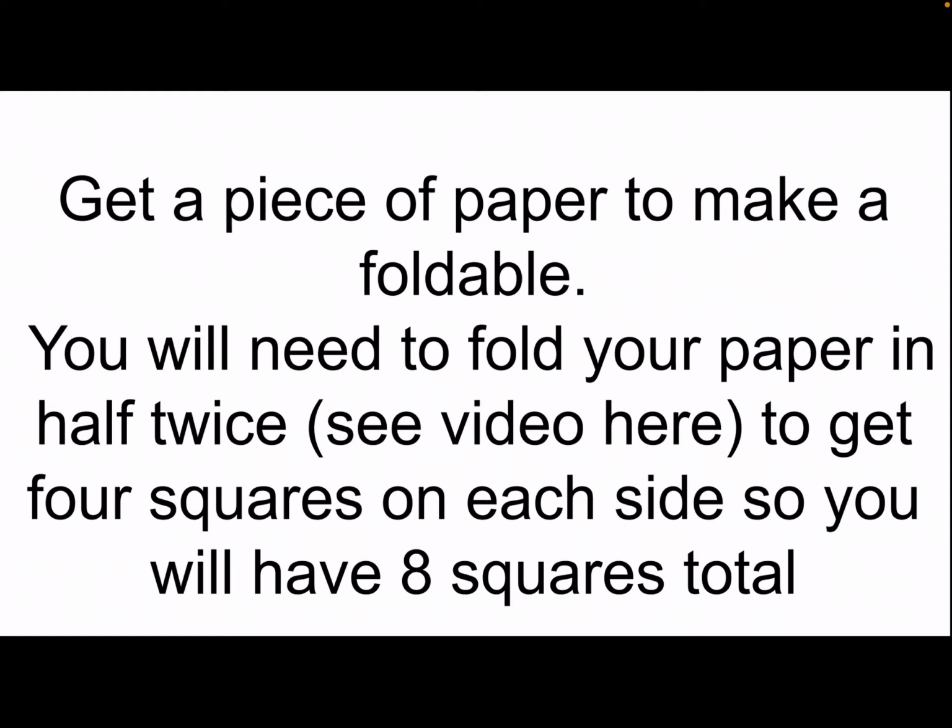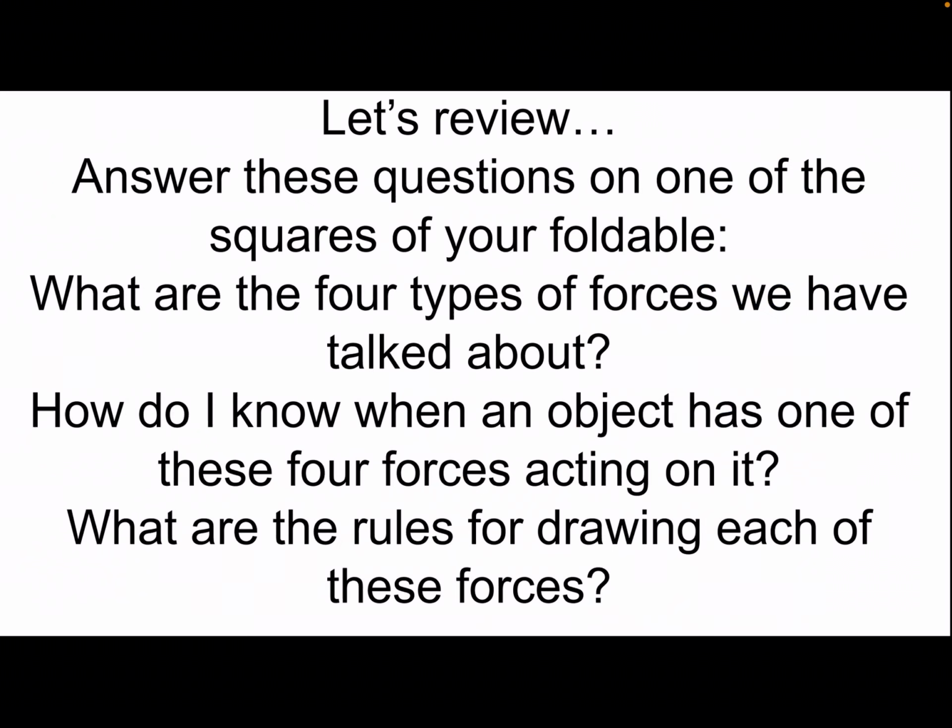So 4 squares on each side. Okay, so in one of these squares, we're going to answer what are the 4 types of forces we have talked about, how do we know when an object has one of these 4 forces acting on it, and what are the rules for drawing each of these forces.